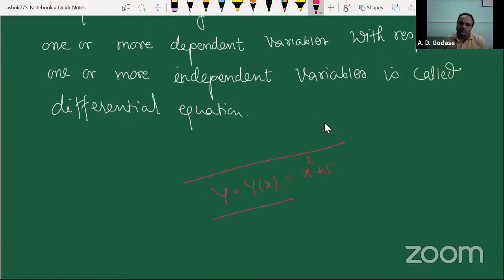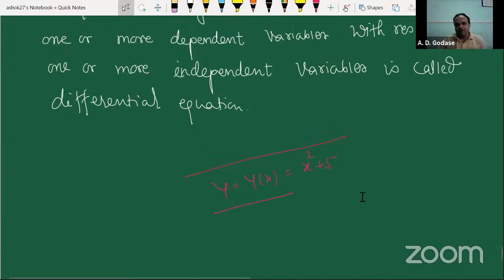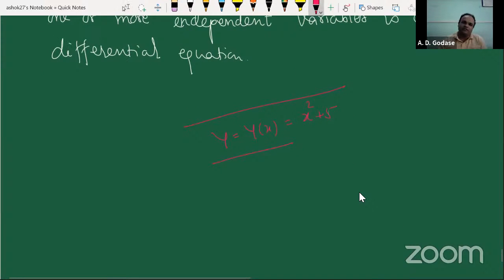Here y depends on x. As x varies, y varies. So y is the dependent variable, and x is the independent variable.